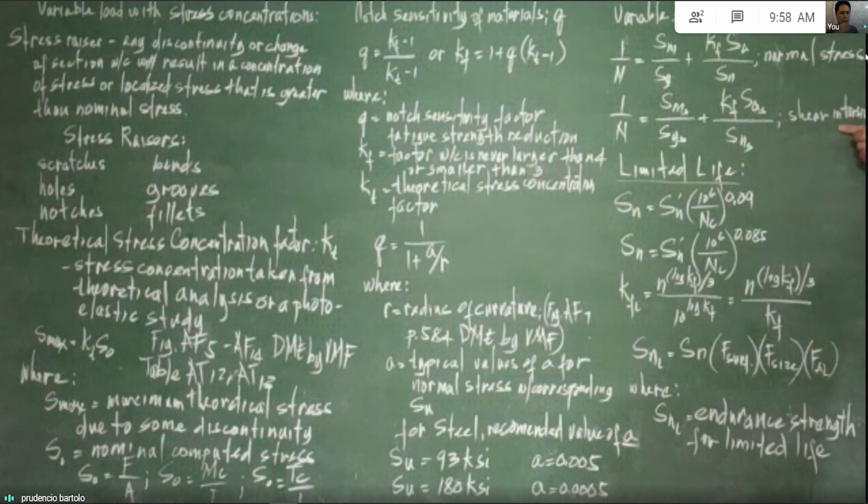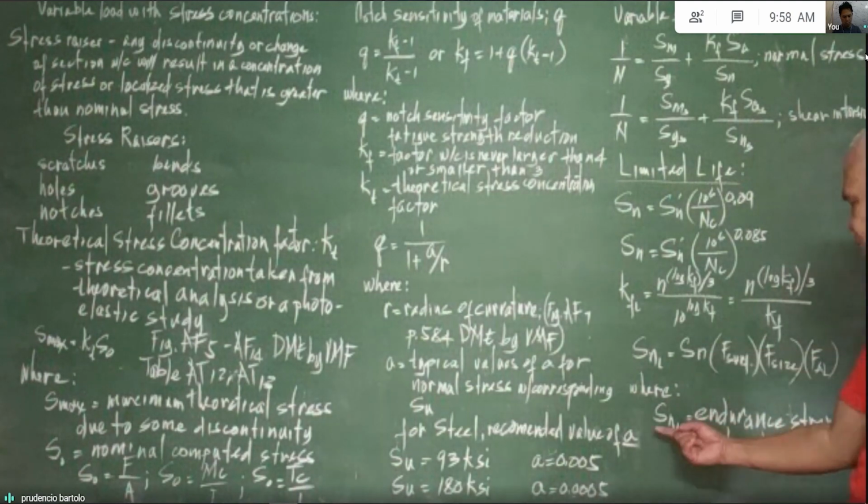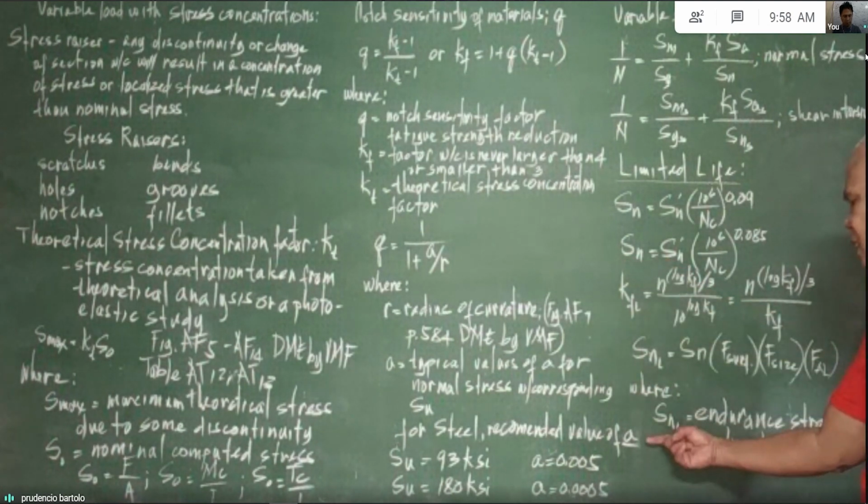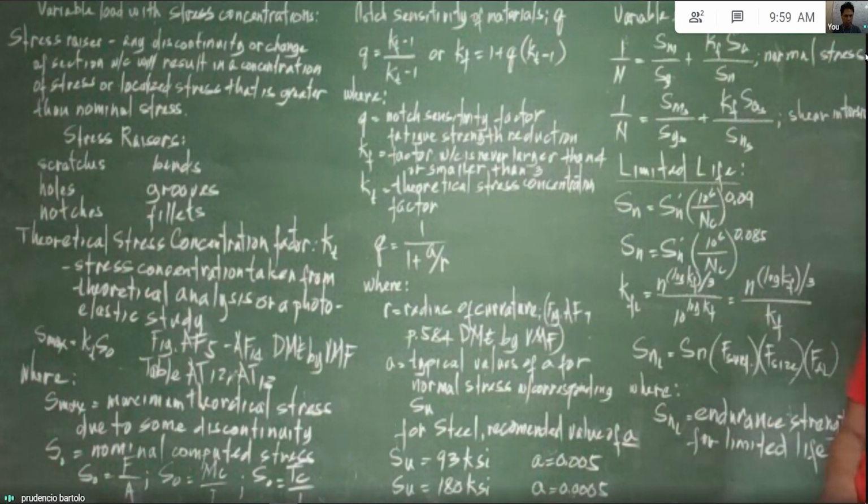If there is pure shear in torsion, this 0.8 will be changed to 0.6 for considering the endurance strength for limited life. So that is the difference in considering simply the endurance strength and the endurance strength for limited life.